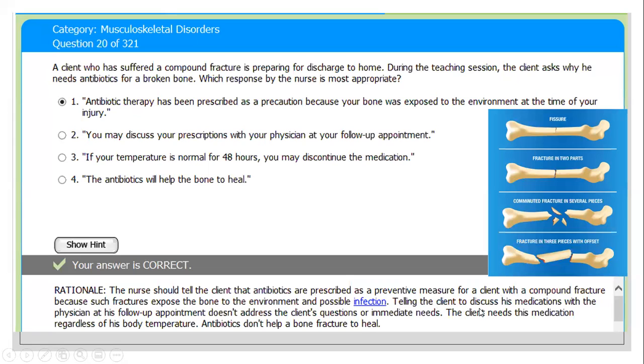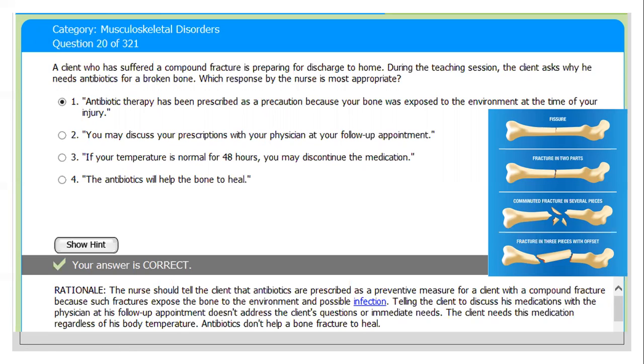Telling the client to discuss his medication with the physician at his follow-up appointment does not address the client's question or immediate needs. The client needs the medication regardless of his body temperature. Antibiotics do not help a bone fracture to heal.